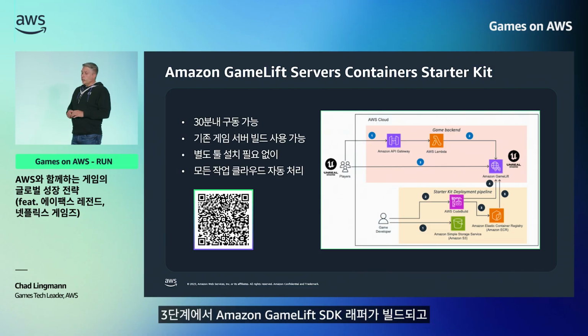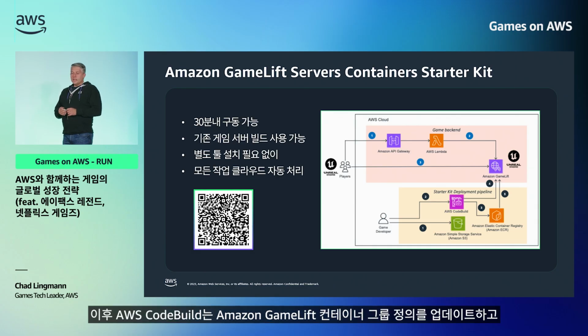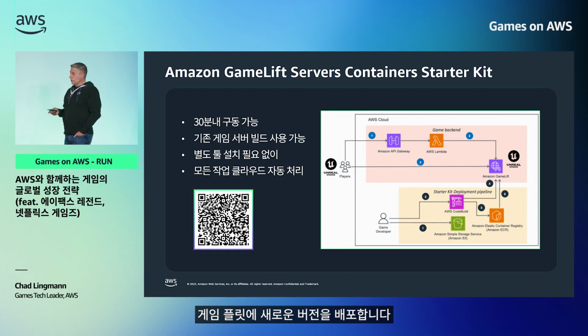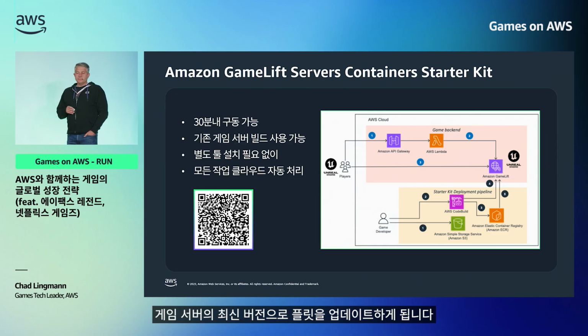Number 3 there, CodeBuild builds the Amazon GameLift SDK wrapper and builds the game server container image, and then uploads the image to Amazon ECR. So CodeBuild then updates the Amazon GameLift container group definition and deploys a new version to your GameLift fleet. And then Amazon GameLift downloads the image from Amazon ECR and updates the fleet with the new game server version.